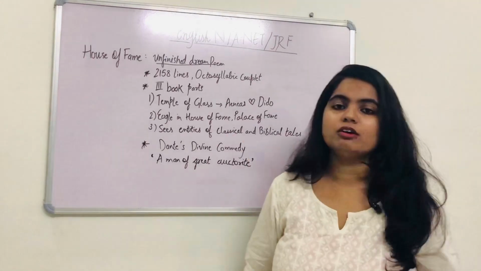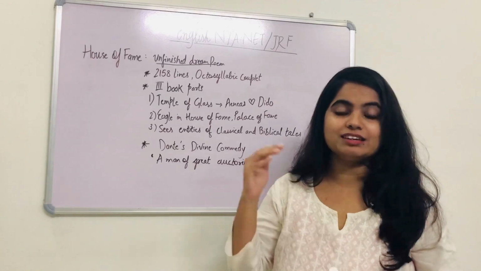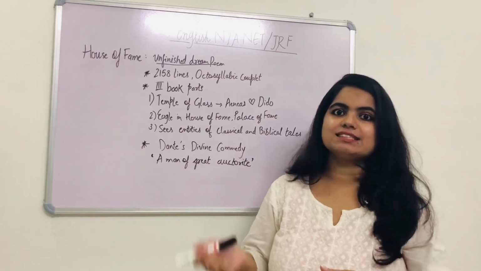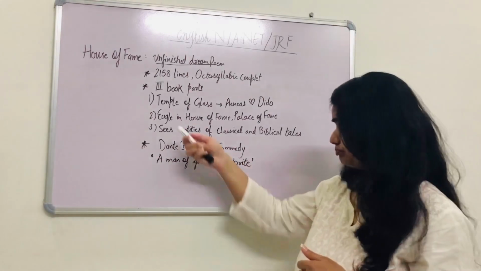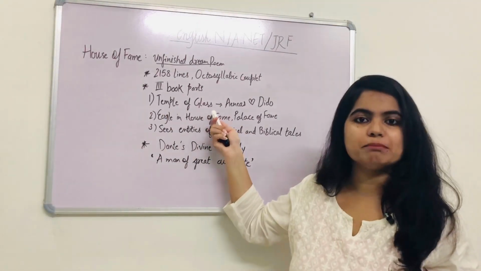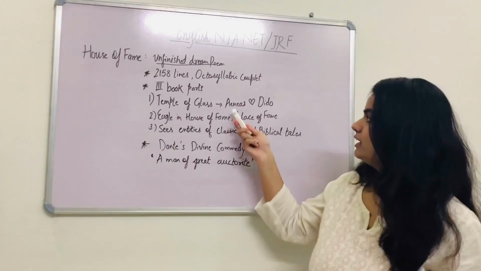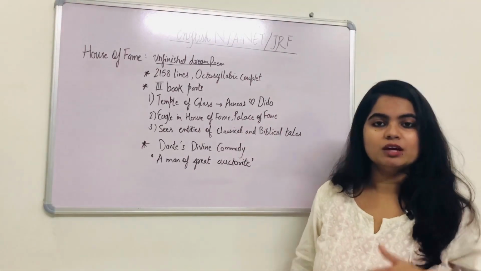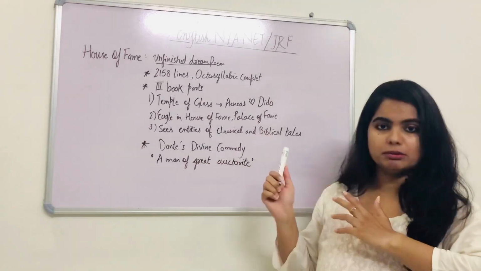In the first part, the poet is reading something and he falls asleep, and in the vision he sees an eagle who is guiding him all the way, and he sees himself in a temple of glass. There is a temple made of glass, right? There he sees Aeneas and Dido. Who were Aeneas and Dido? They were a couple.